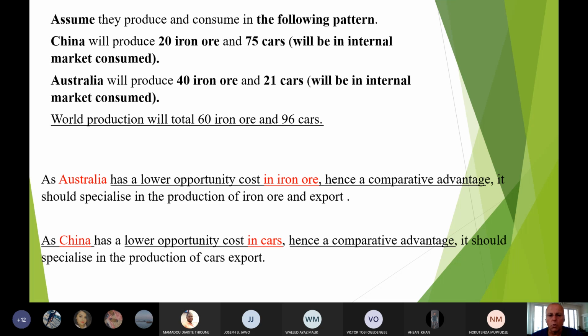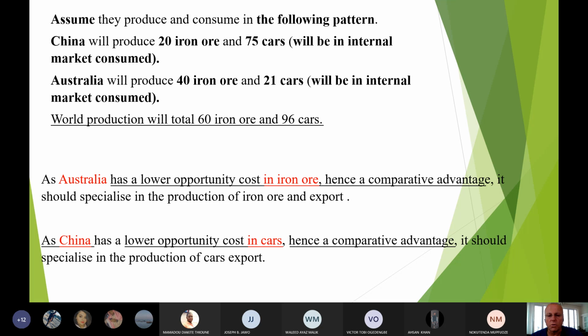World production is supposed to be 60 iron ore and 96 cars. Therefore, when you look at this combination, you get these numbers, isn't it? Because 75 plus 21 gives you 96 for cars, and 40 plus 20 gives you 60 units for the total market, if we assume there are only two countries and two products in the market.